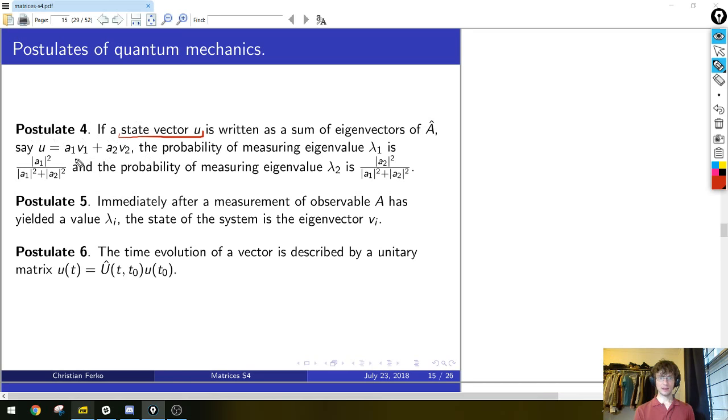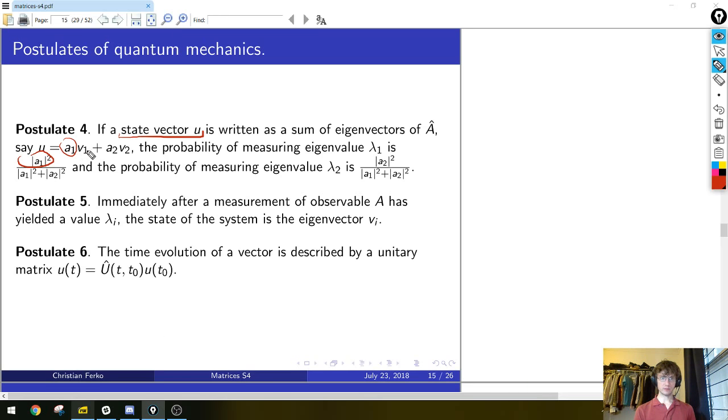If you do that, and then you measure the observable A, which is associated with A hat, in the state u, the probabilities of the two possible outputs, which are the eigenvalues lambda 1 associated with v1 and lambda 2 associated with v2, are each proportional to the absolute value squared of the complex number appearing in front of that eigenvector.